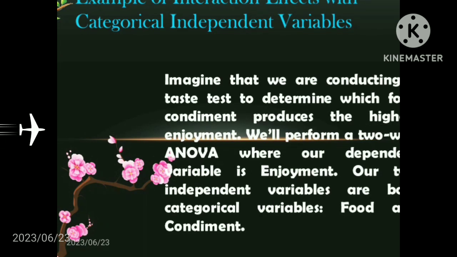Imagine that we are conducting a test to determine which food condiment produces the highest enjoyment. We'll perform a two-way ANOVA where our dependent variable is enjoyment. Our two independent variables are both categorical variables: the food and the condiment.